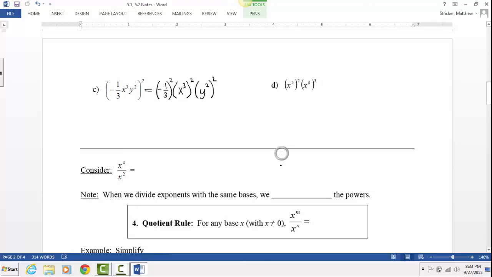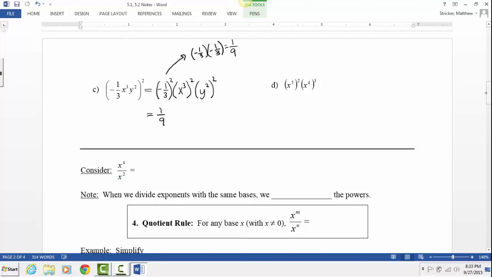Now, negative 1/3 squared, remember that's negative 1/3 times negative 1/3. And the negative times a negative is a positive. And then we know 1 times 1 is 1, and 3 times 3 is 9. So this is 1/9.